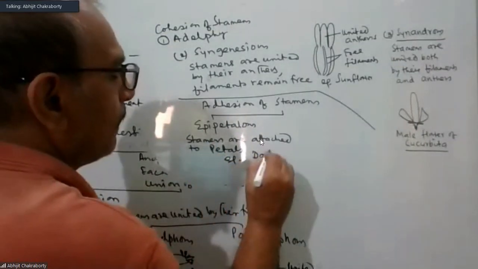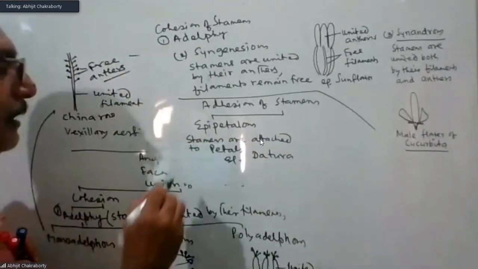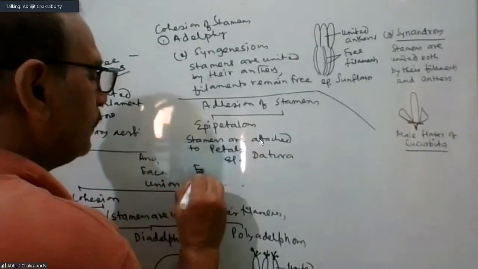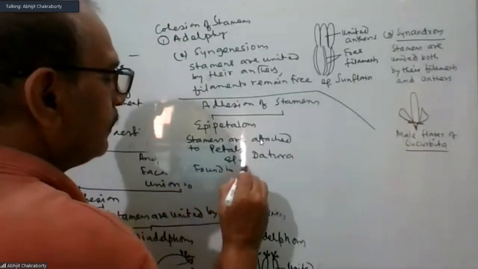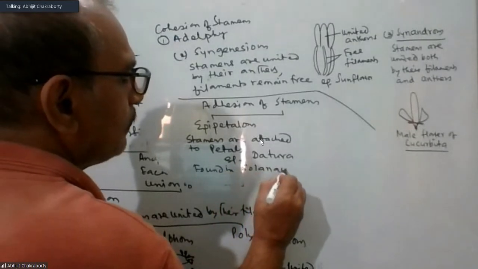Example, Datura, a characteristic of the Solanaceae family.